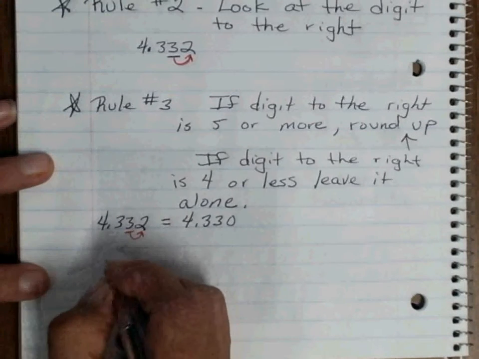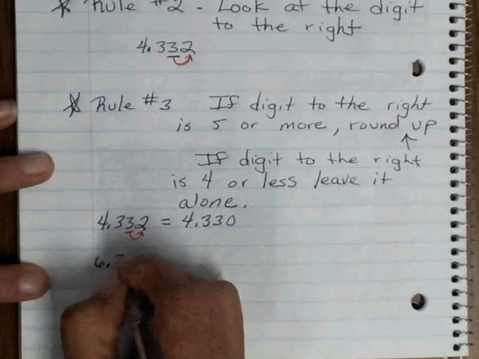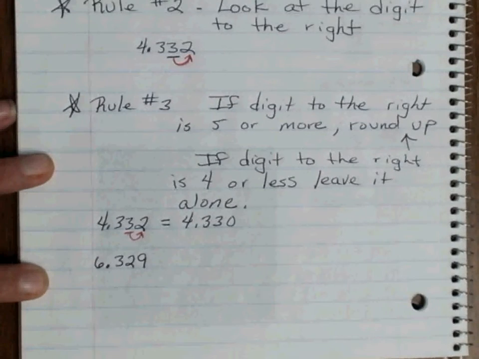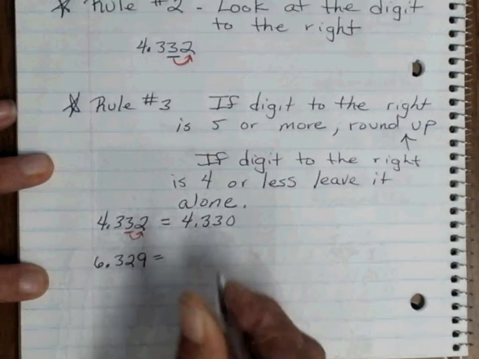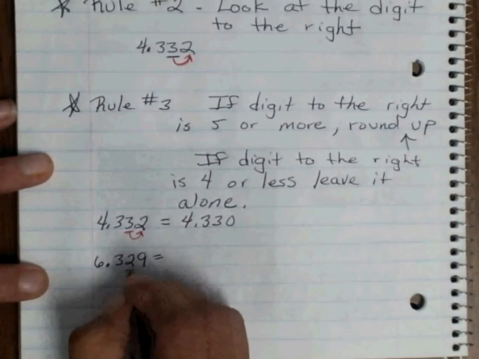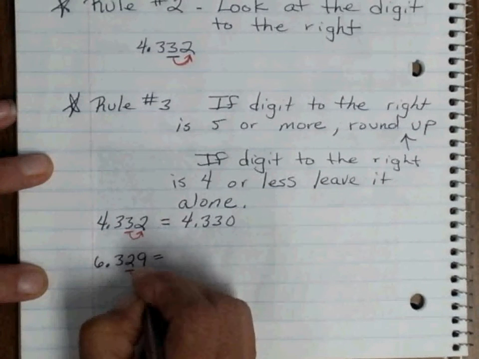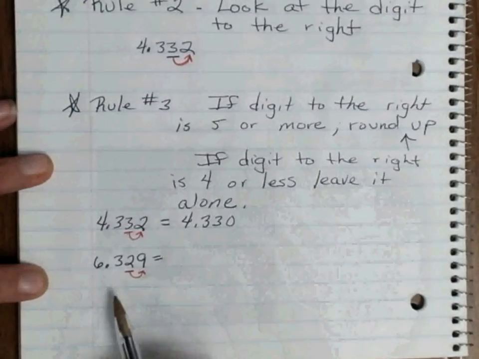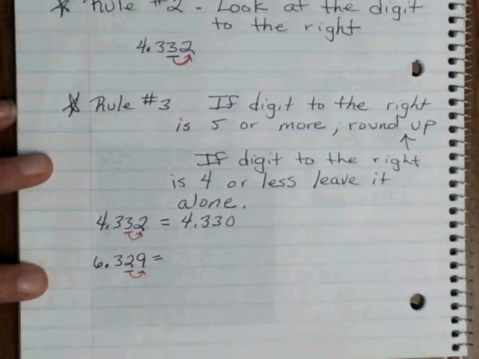How about this example? 6 and 329 thousandths. I'm going to also round that to the nearest hundredth. The 2 is in the hundredths place. The 2 looks at the digit right next door, which is a 9. Now 9 is 5 or more, right? So that means the 2 moves up.